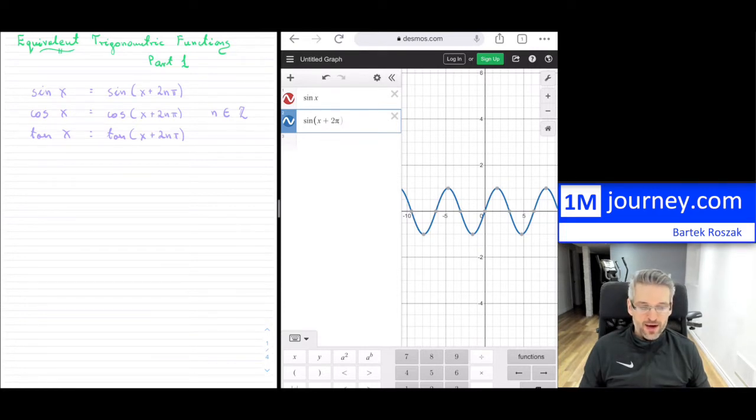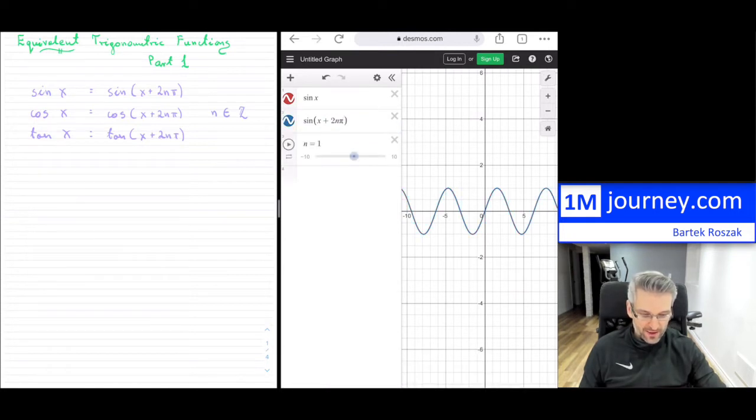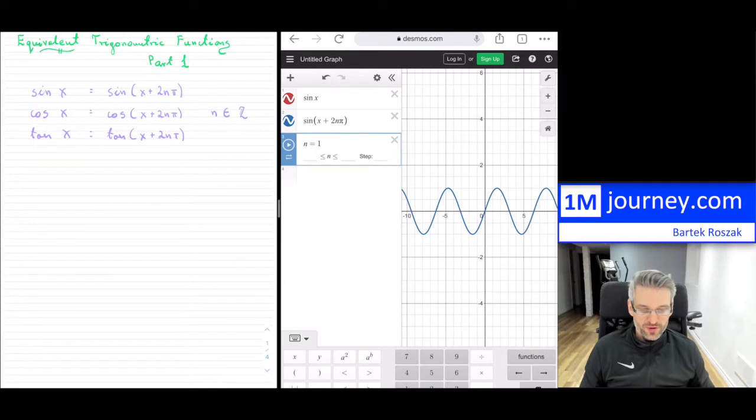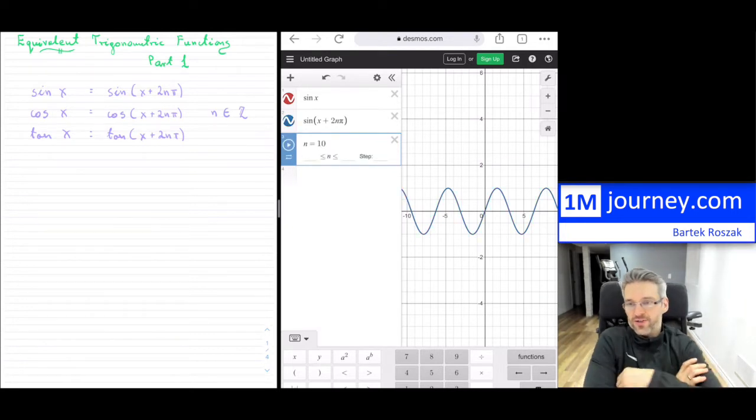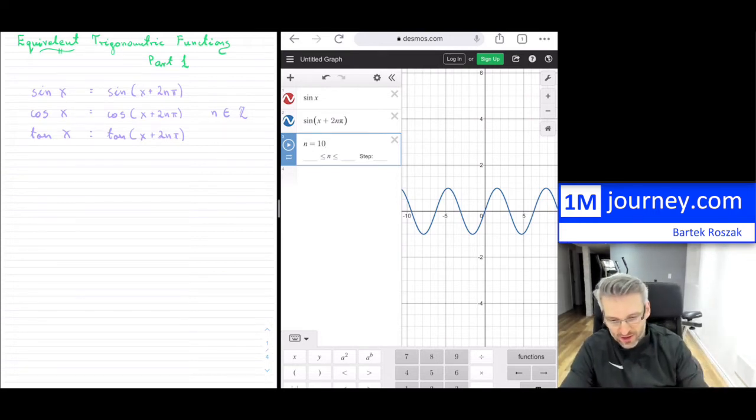And now if I multiply this by n, I'll just put it like this, and if this is 1, minus 1, minus 2, minus 3, 10, it doesn't matter. If I just keep shifting it, it just overlaps exactly the same function. So all of these are certainly equivalent statements of each other.